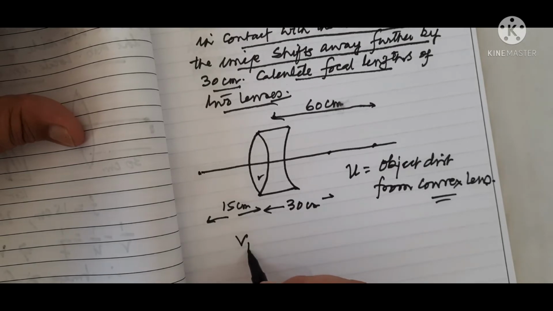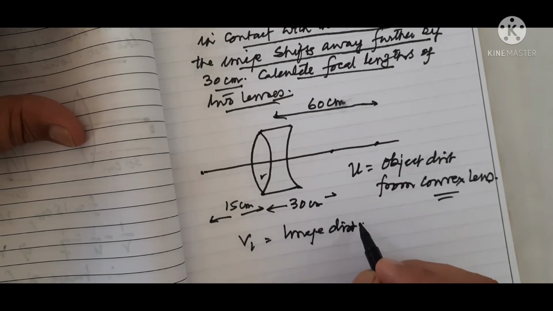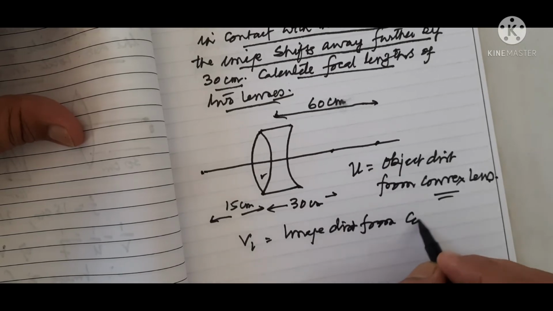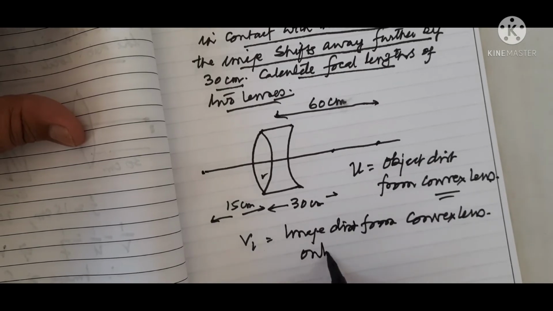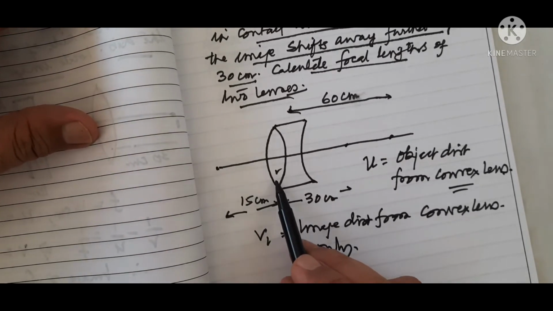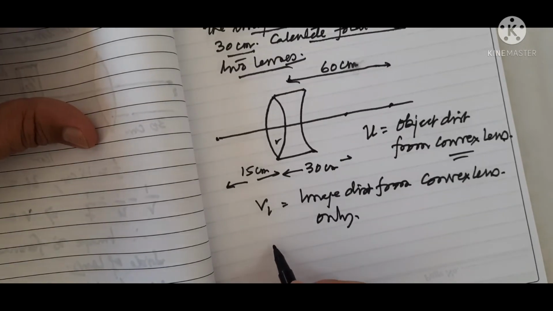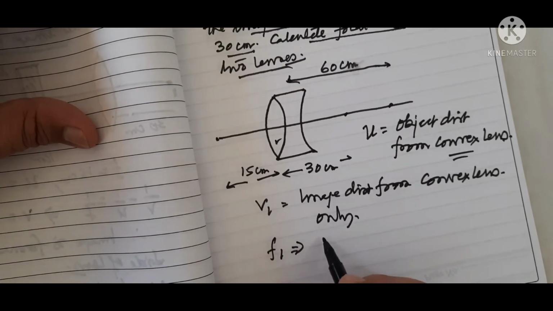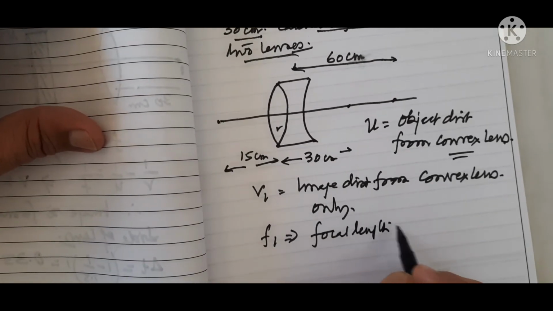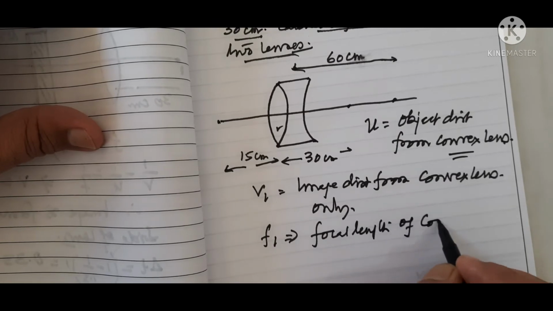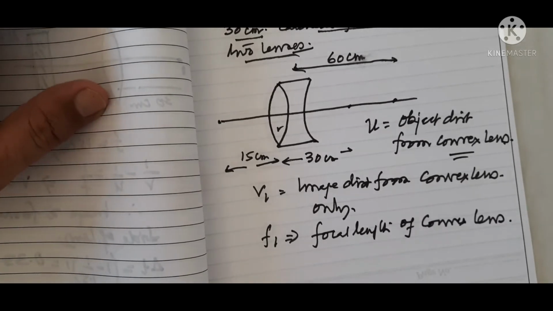And v1 will be the image distance from convex lens only. v1 इमेज बना जब कनकेव नहीं था, केवल कन्वेक्स था. f1 will be the focal length of the convex lens.